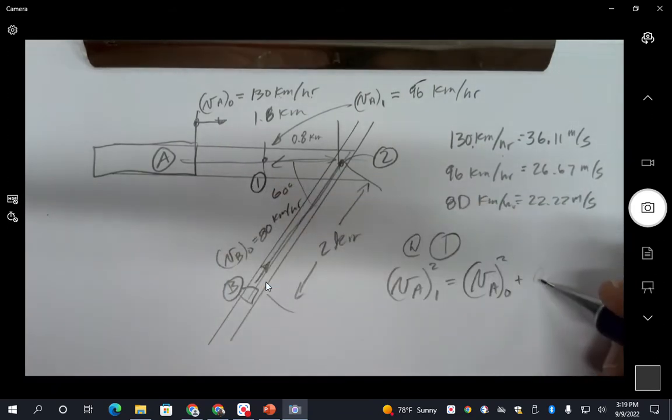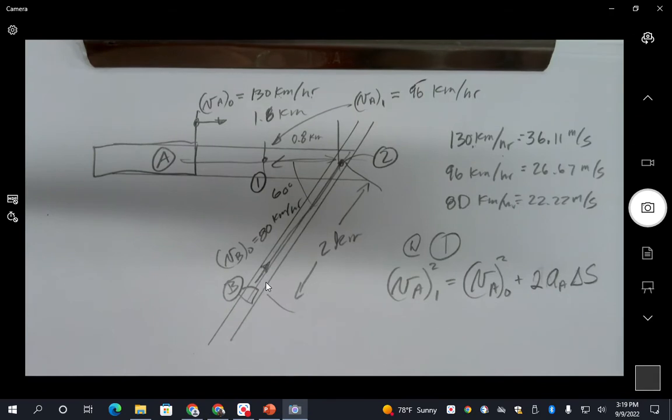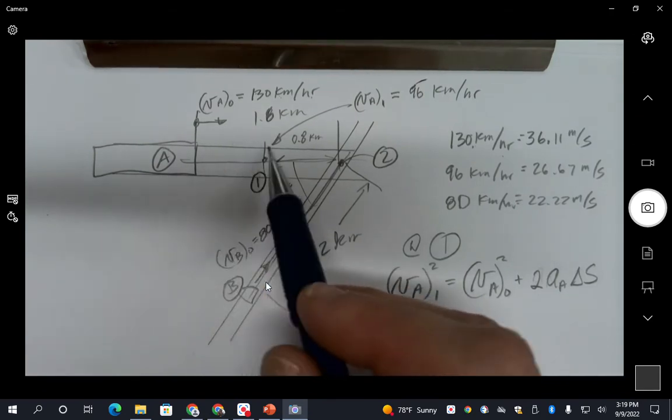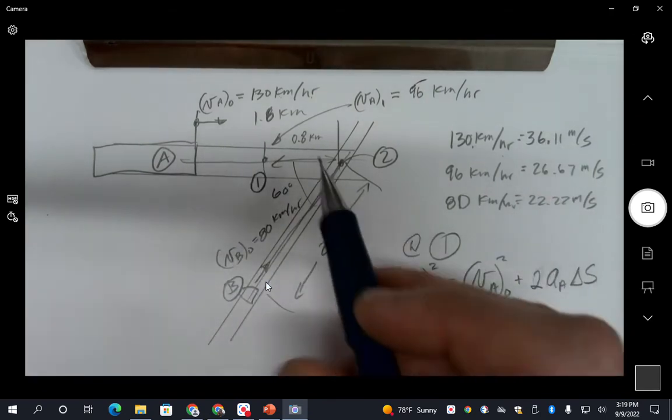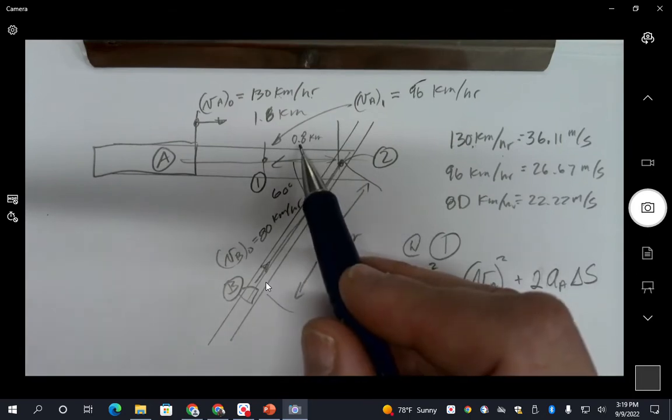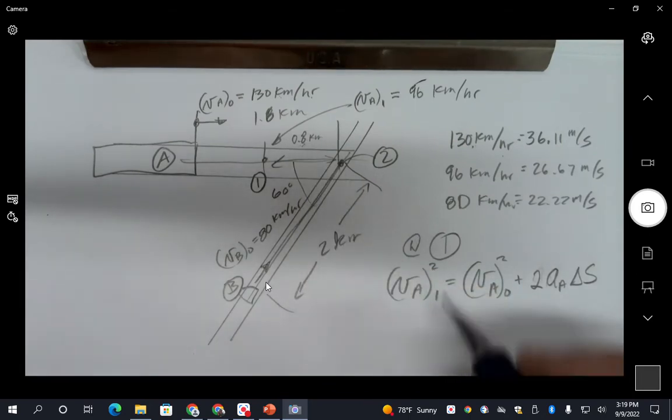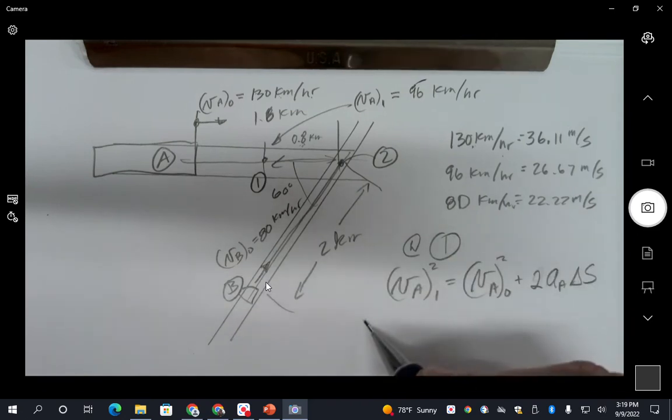We know the position that's changed, whatever dimension it's moved, which we happen to know is 0.8, so 800 meters.